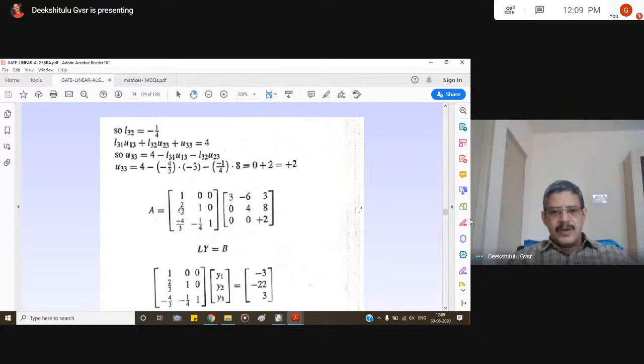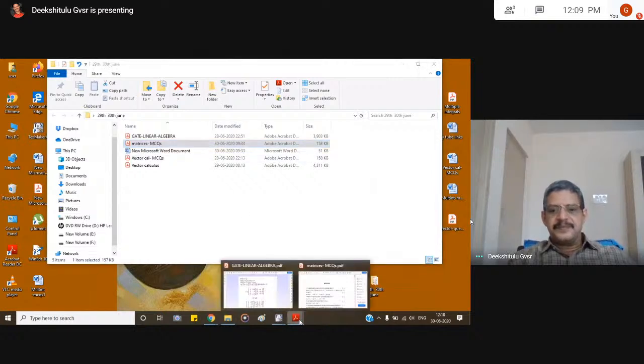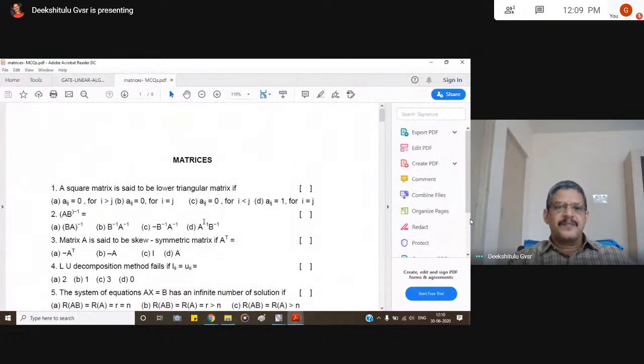Here also i is 2, j is 3, and it is 0. What do you understand from this? Whenever i is less than j, the Aij's are zeros. Then that is called a lower triangular matrix.